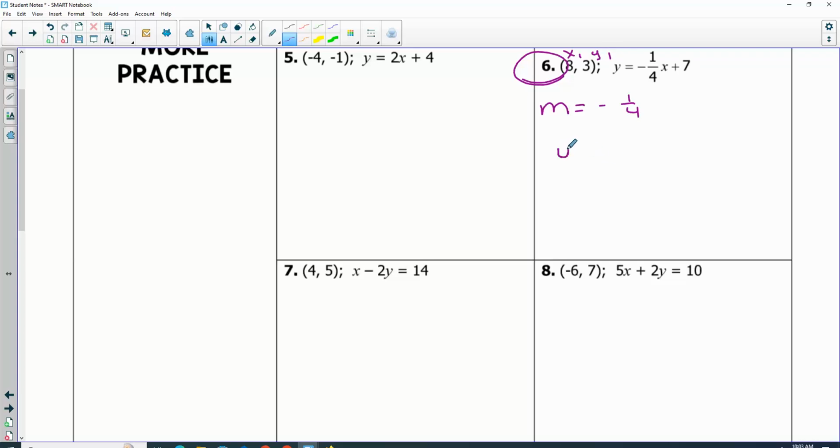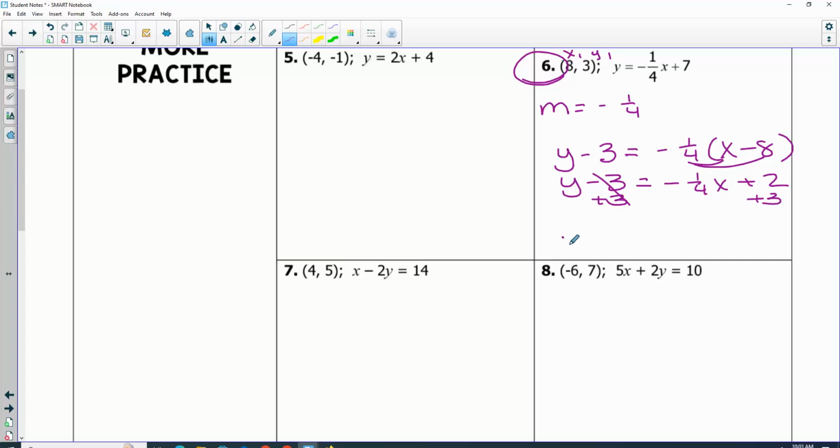So my equation, y minus y1 equals m times x minus x1. So y minus 3, if you distribute, we get negative 1/4 x plus 2. So then we add our 3 over. So negative 1/4 x plus 5.